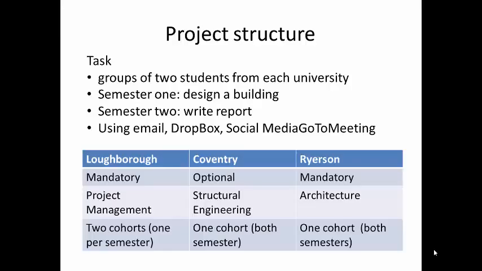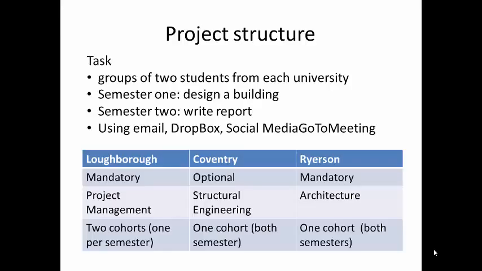They had a far bigger cohort, and so the students that didn't want to do the online stuff could then work with architects in Coventry instead. So for Loughborough and Ryerson, they had to do it. Coventry, they could either opt to work with these teams distributed across the UK and Canada, or they could work with the same sort of collaborative environment, but in a face-to-face environment.